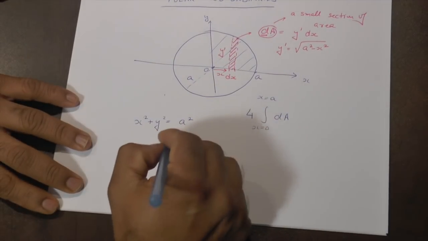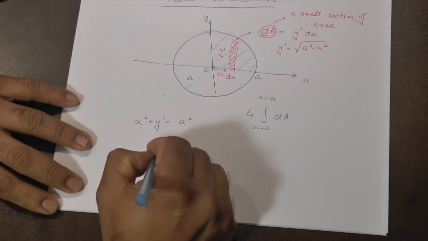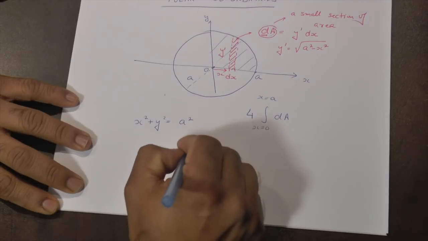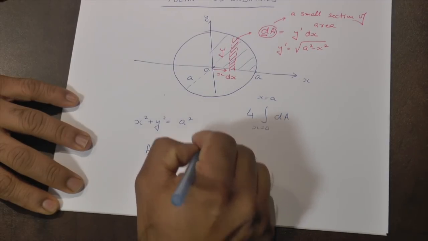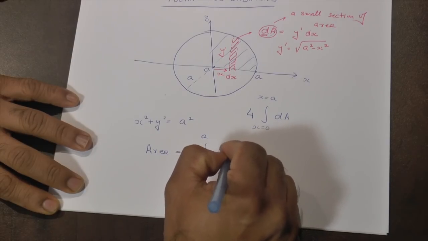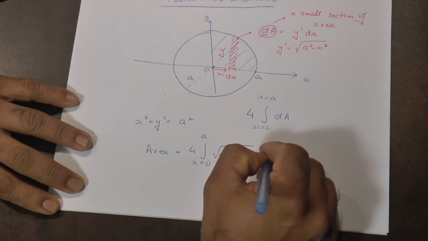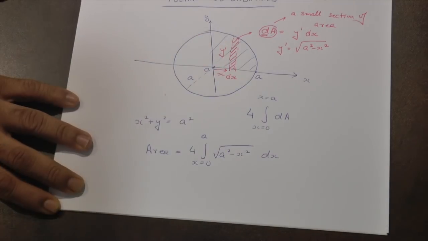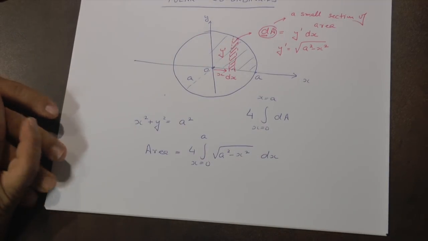So you're basically saying area of the circle is going to be 4 times the integral from x equal to 0 to x equal to a of the square root of a squared minus x squared dx, and that's the integral you have to now evaluate.